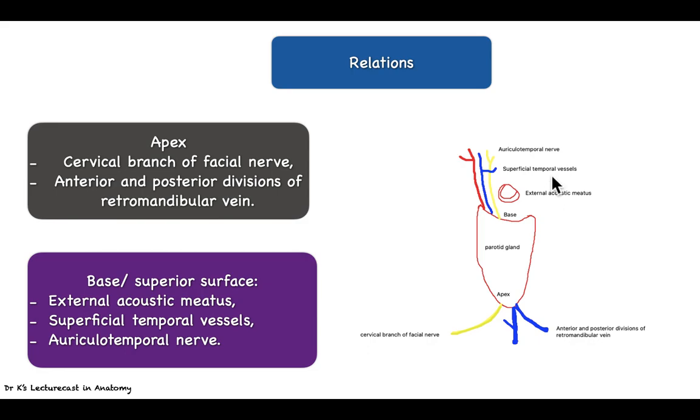One bony structure, one set of vessels and one nerve. And apex is related to one nerve and one vein. Remember, the apex is going towards the neck, so cervical branch of the facial nerve and anterior and posterior divisions of the retromandibular vein.